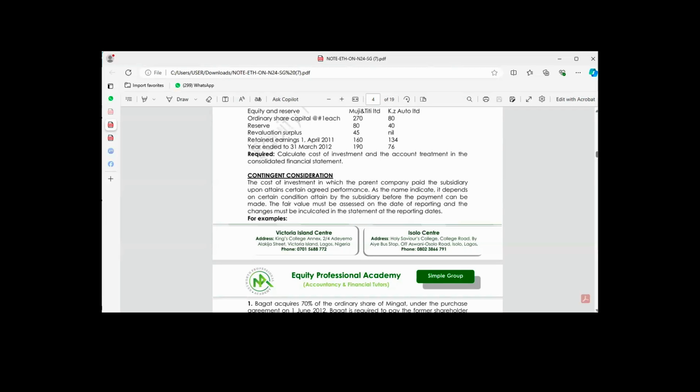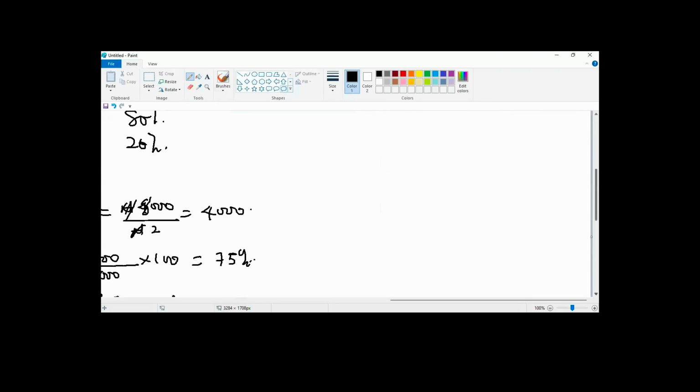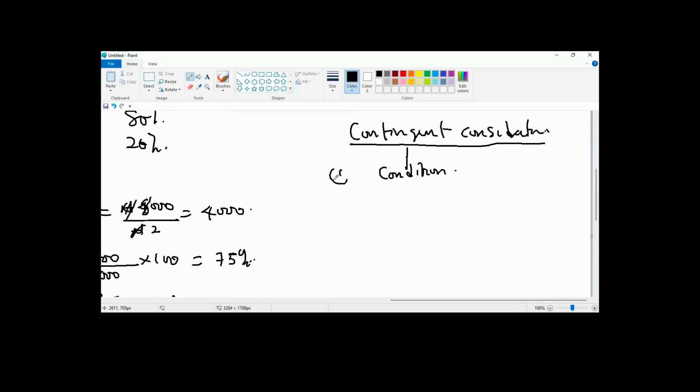We are still going to use questions to demonstrate each cost of investment for you. For the contingent, the first thing is there must be a condition given to the subsidiary.